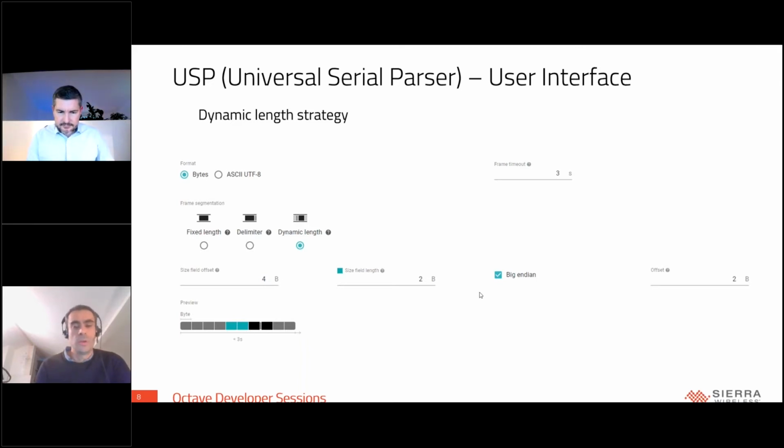So I'm not sure I want to spend more time on it. If you have some questions about universal serial parser, you have the online documentation, of course, but you also have the first session with a demo.